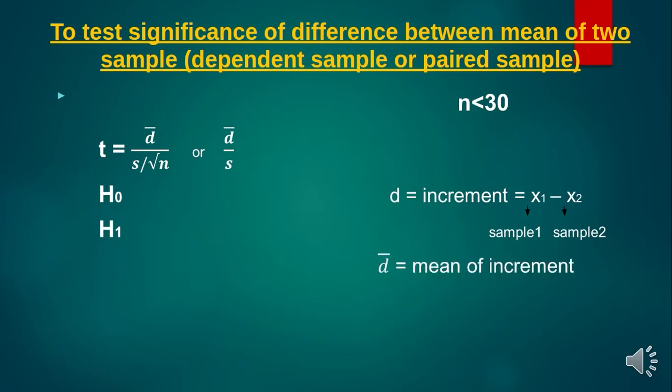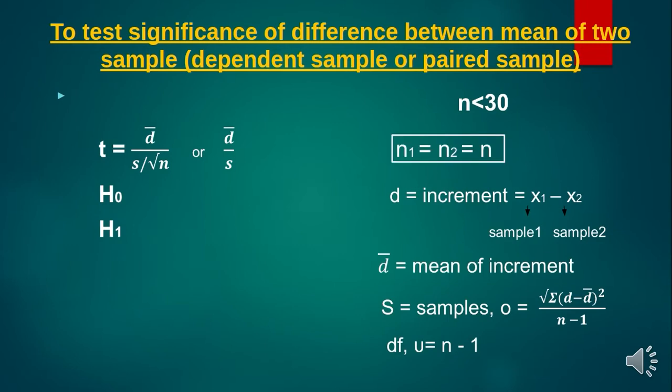Here d bar is equal to the mean of increment, and in the formula s is the sample standard deviation, which is the square root of summation of (d minus d bar) whole square divided by n minus 1. And degrees of freedom nu is equal to n minus 1.